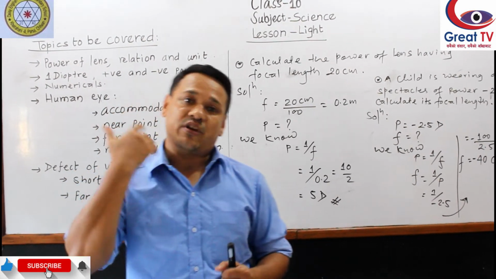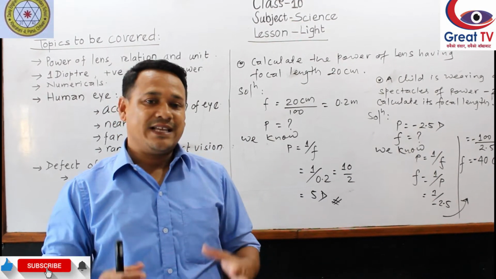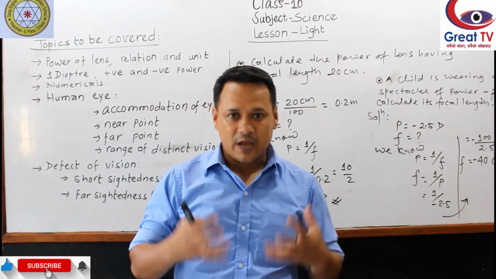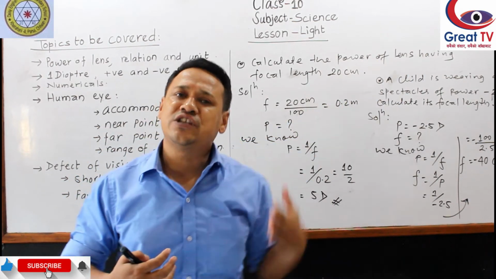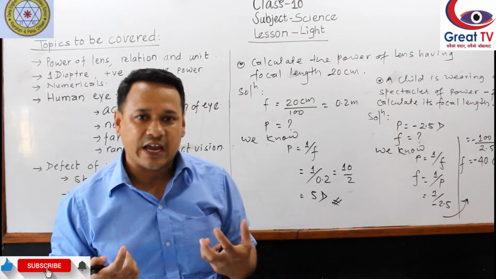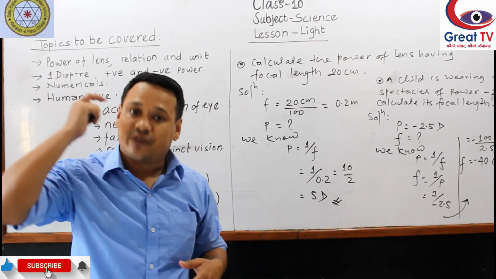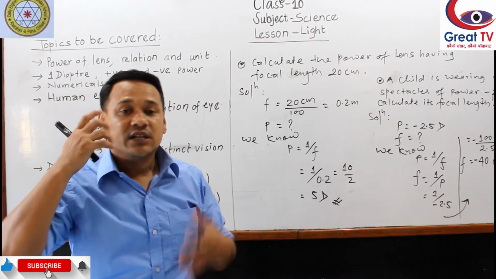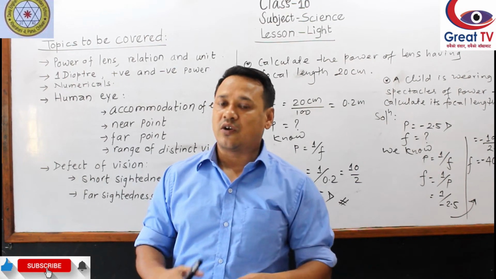to make the image at the retina. So this ability of the eye to make a clear image of a far or near object at the retina is called accommodation of the eye.